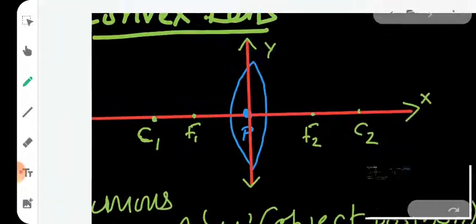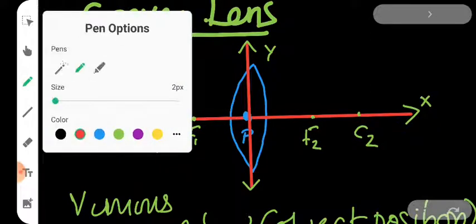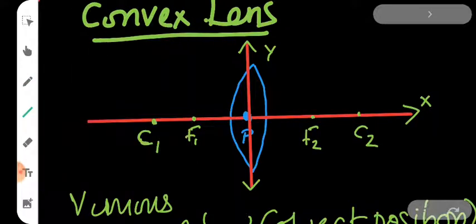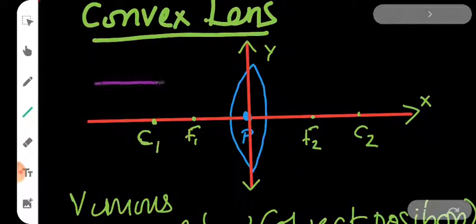Okay, you might have already guessed it. Any ray from an infinitely far away object will always be parallel rays.